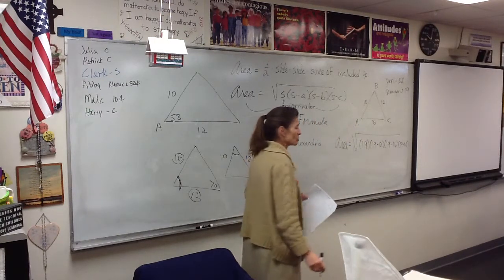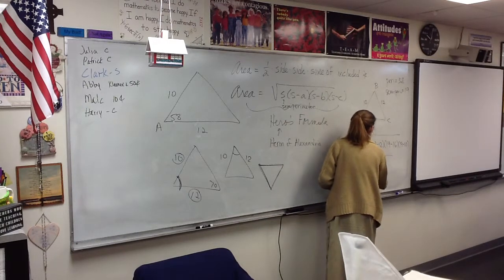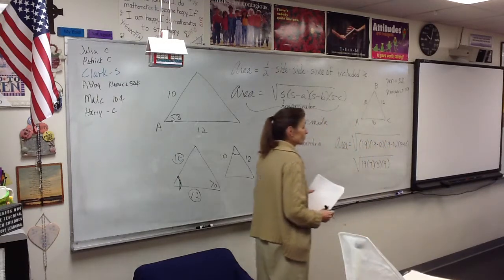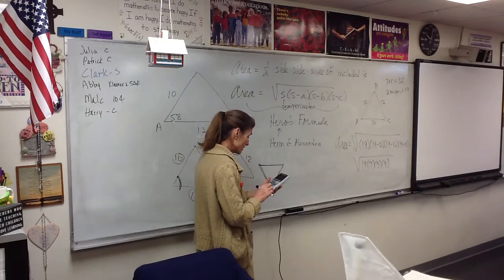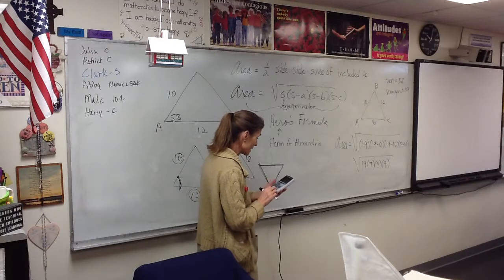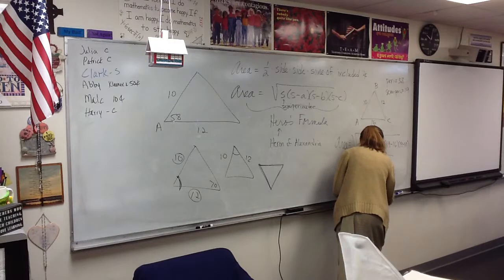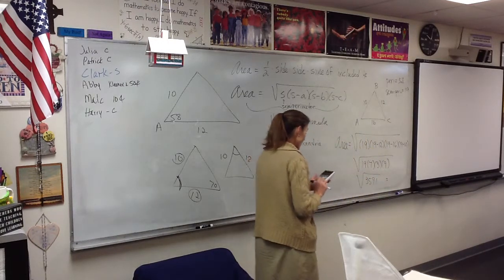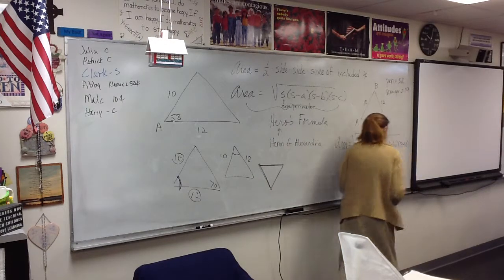The next time you do this, you'll probably do that in your head and just write 19 times 7 times 3 times 9. Now we'll multiply 19 times 7 times 3 times 9 and get 3591. And then we'll take the square root of that, and our area is 59.92.